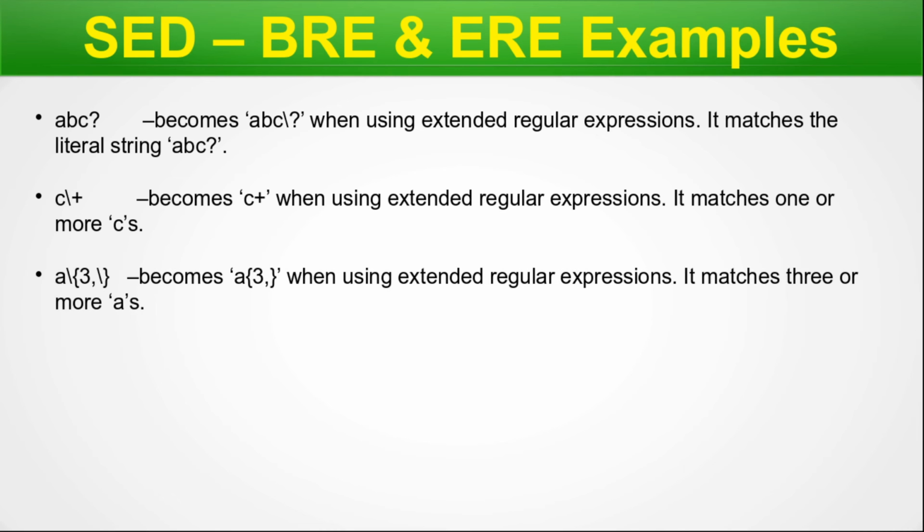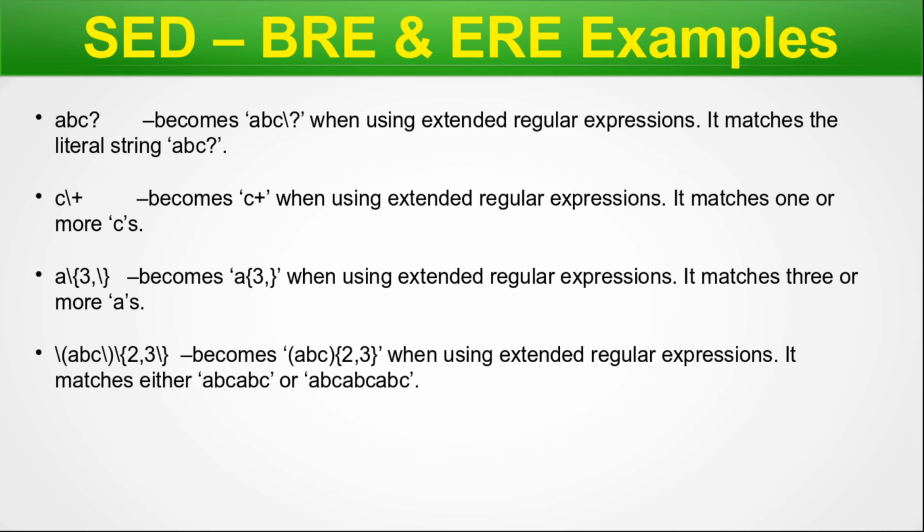A then backslash opening curly bracket, then 3, then comma, then backslash, then closing curly bracket becomes the same without the backslashes in extended regular expression. It matches 3 or more A's.